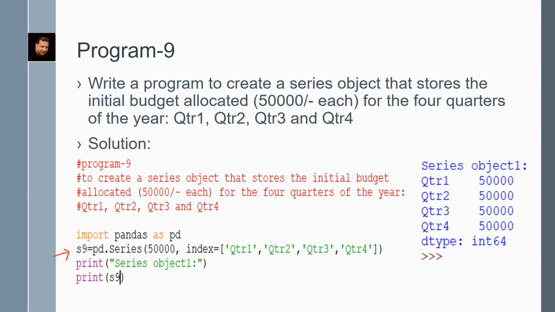S9 is equal to pd.Series 50,000, comma, create an index. Index is equal to quarter 1, quarter 2, quarter 3, quarter 4. Very simple. So all these indexes will be allocated 50,000. See the output. Print S9. Then you have this output. Quarter 1 50,000, quarter 2 50,000, quarter 3 50,000 and quarter 4 50,000.